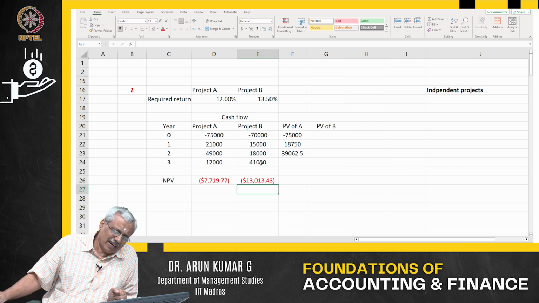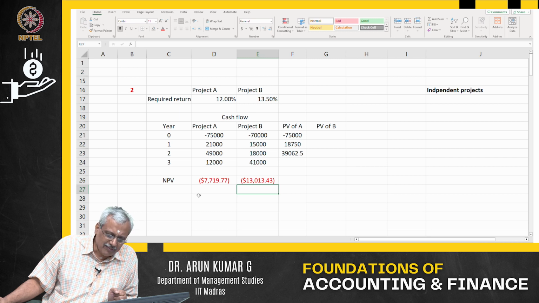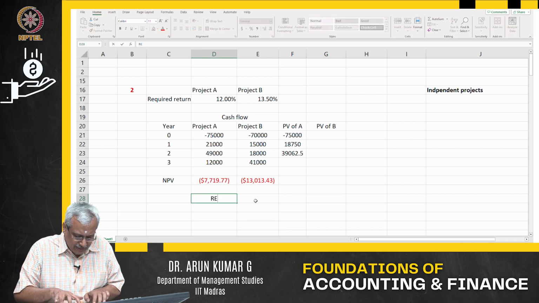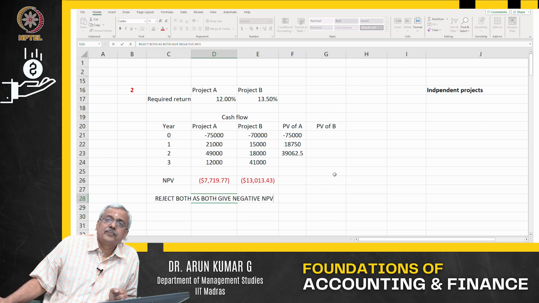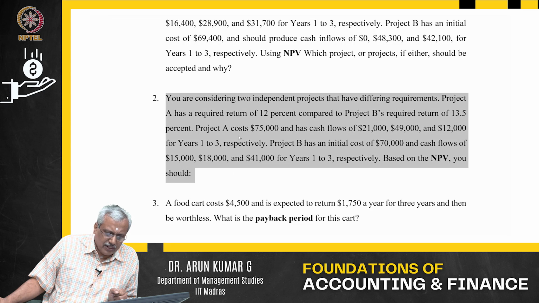This is my NPV, and unfortunately, exactly the same as the earlier example, both give negative NPV. So reject both, as both give negative NPV. That's all.